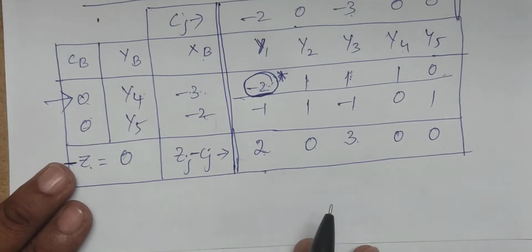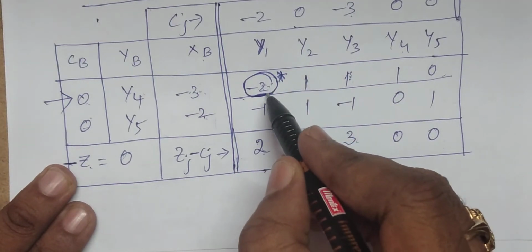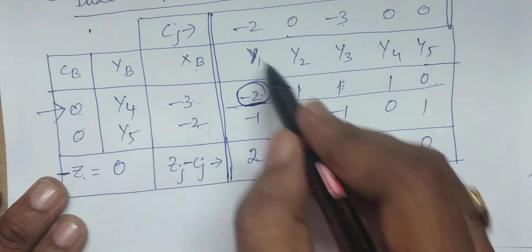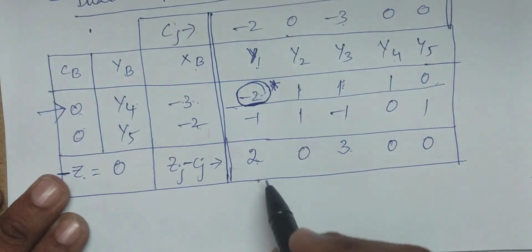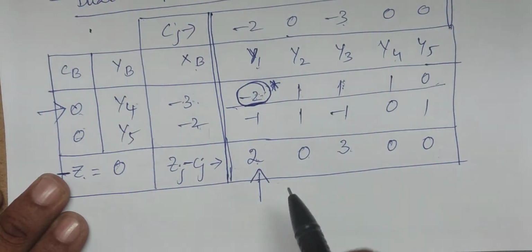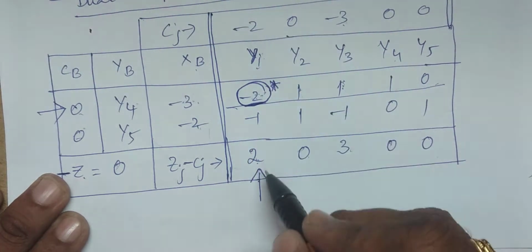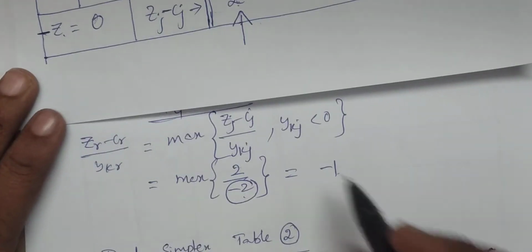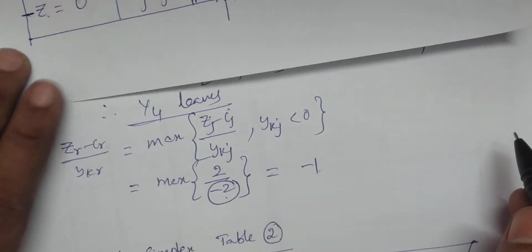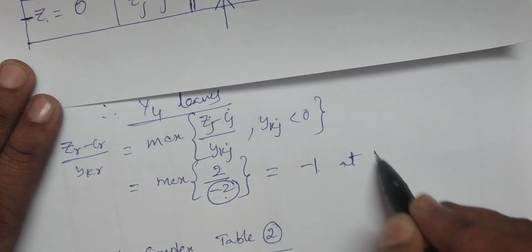Therefore I am writing here that this 2 corresponds to y1. Corresponding to this y1, I am indicating an arrow mark here. Corresponding to the -2, y1 you have. Therefore y1 enters the basis. So I am writing here that this is obtained at y1.